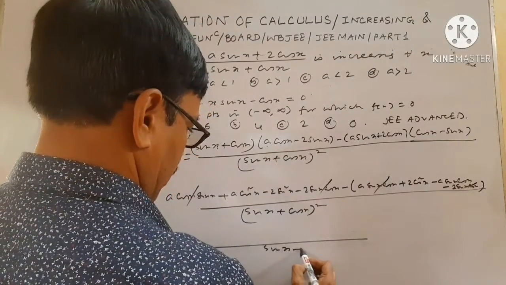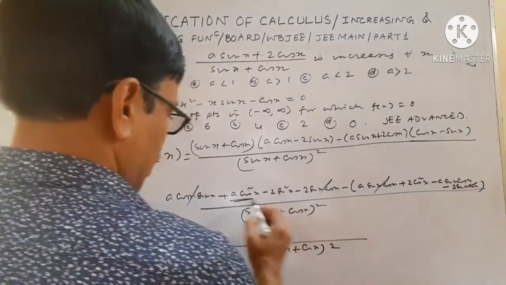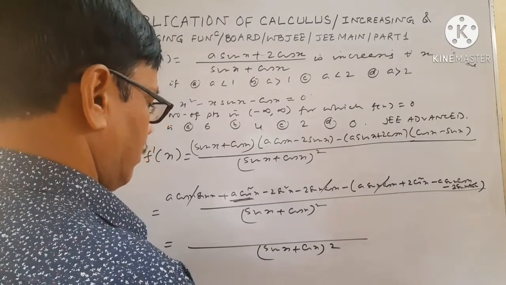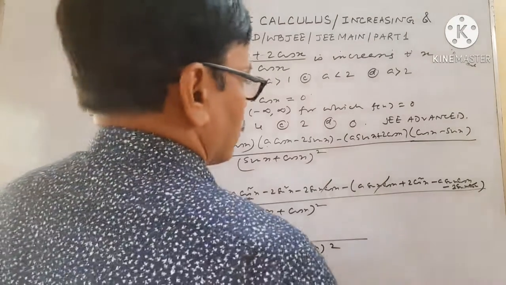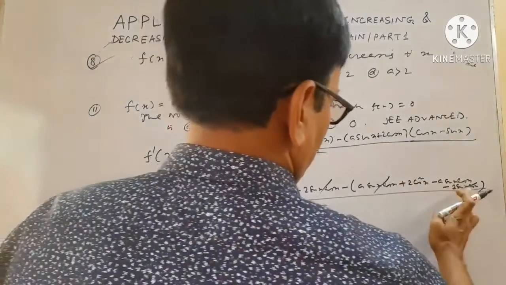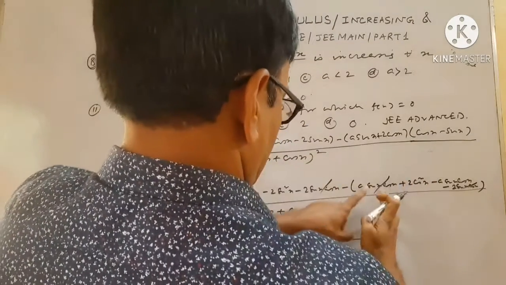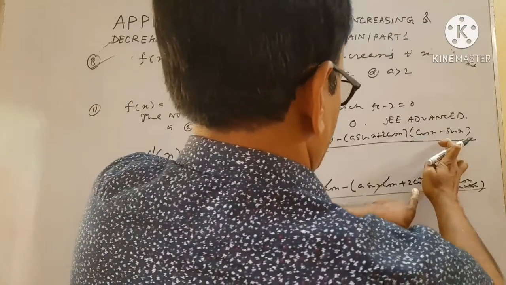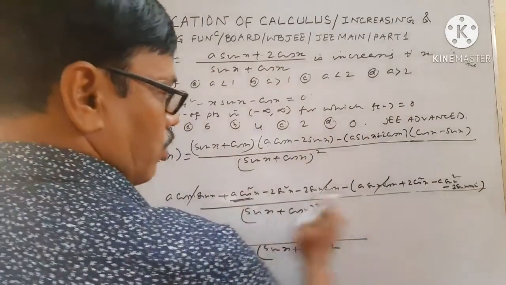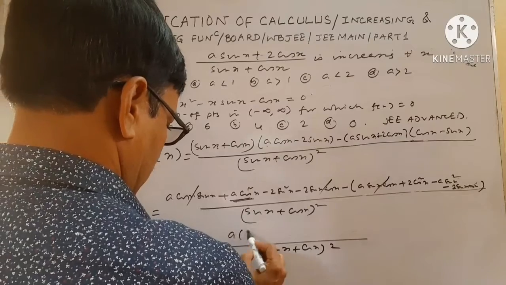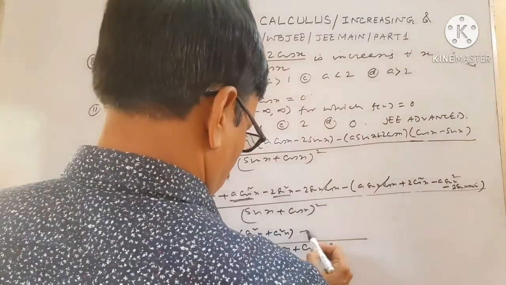Finally we are getting a cos square x plus a sin square x, so this is a (sin square x plus cos square x) minus 2 sin square x minus 2 cos square x.